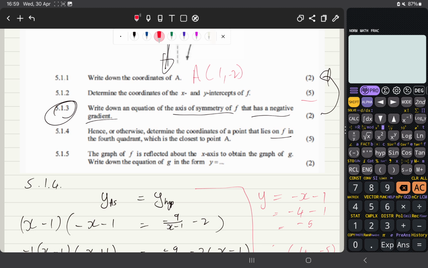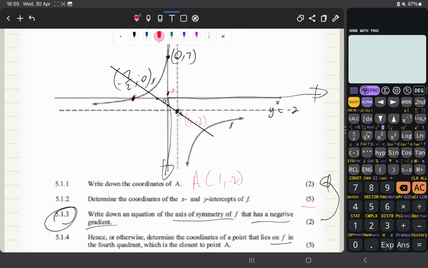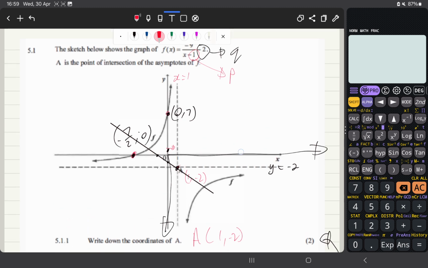doing what? You can take it back before there was any shifting. Before there was any shifting, say g of x, you have -9 over x, without the -1 and the -2 shifts.